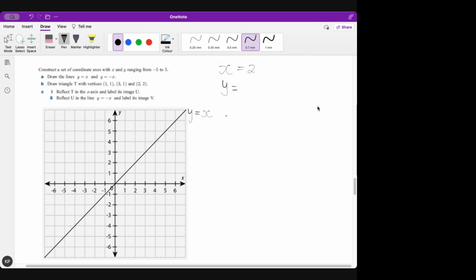Anyone have an idea? Yes, to me it will be negative 2. And if I tell you that x is equal to negative 4, my y coordinate will be what? Positive 4. Nice. You are pure and to me.